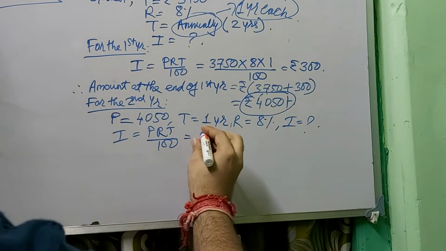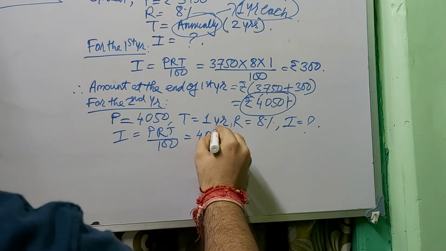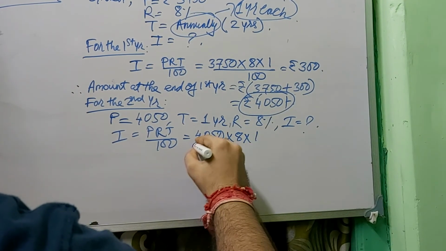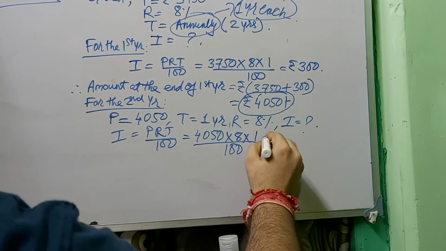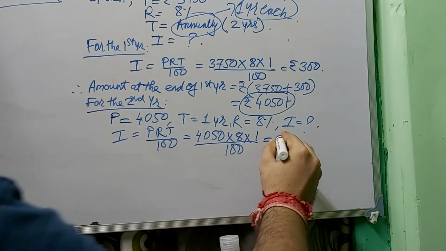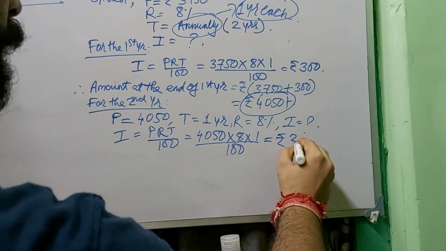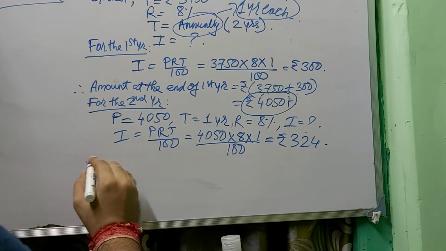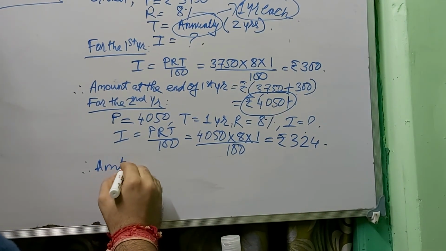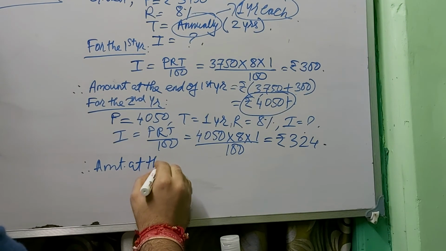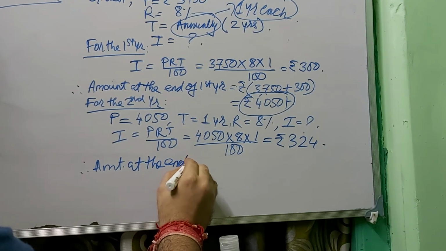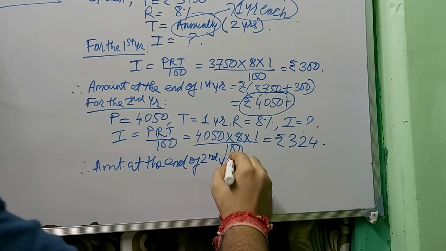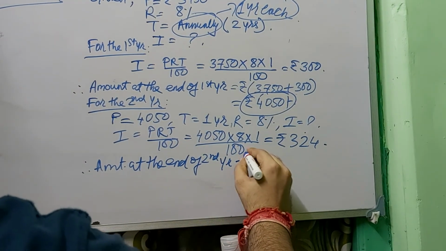We get 4050 into 8 into 1 by 100. You will get the interest amount as rupees 324.